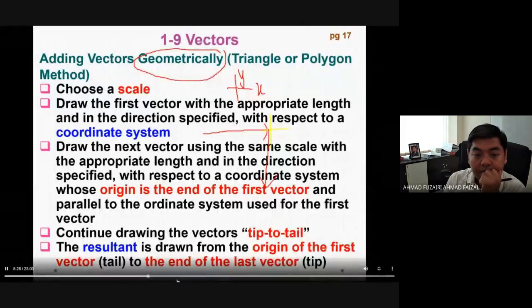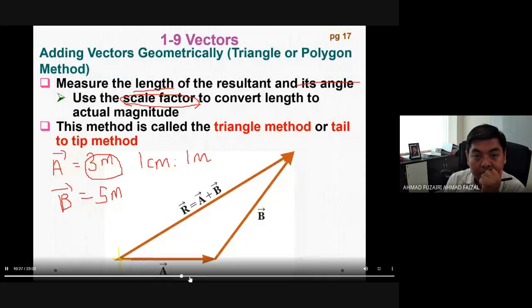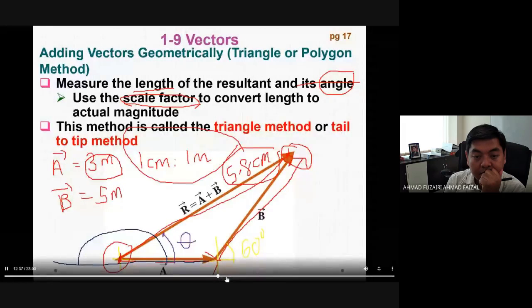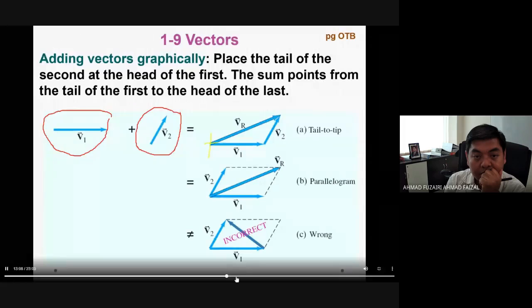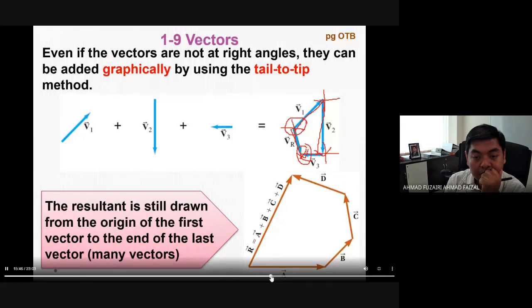So here my resultant starts from the tail; I assume this one is my first vector. Regard a scale. Then second, I need to draw vector 1 from this to the position here. So this one should be added graphically, giving the resultant.